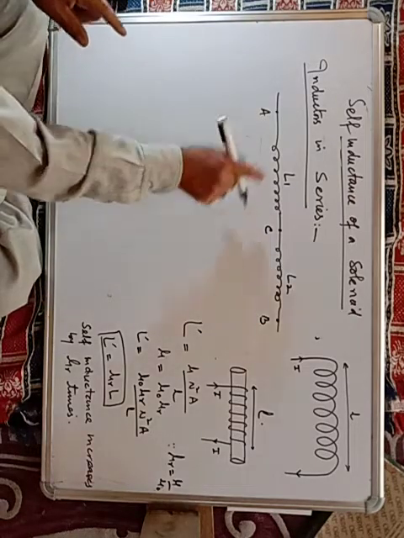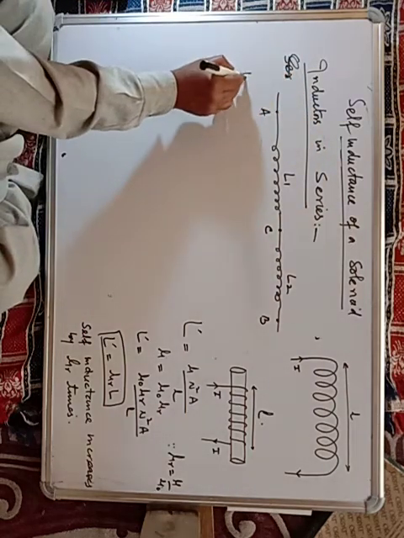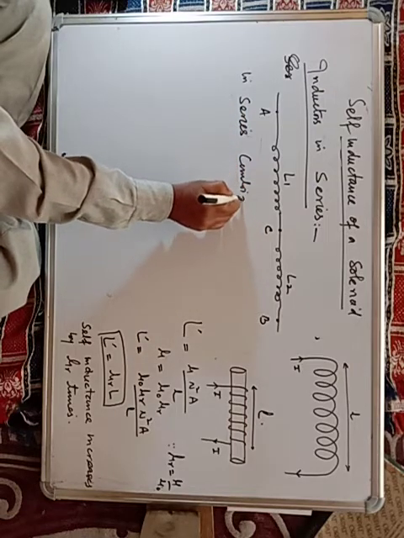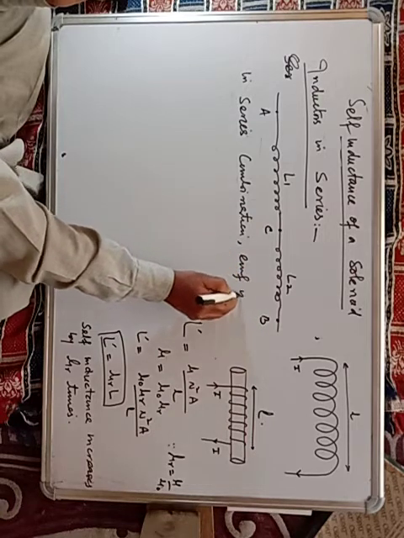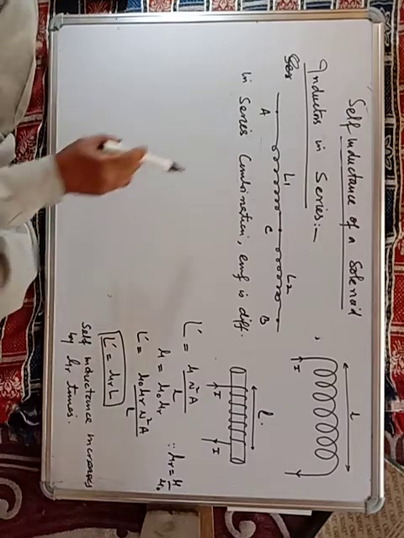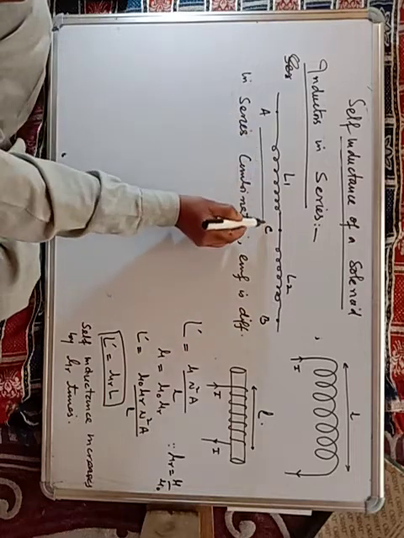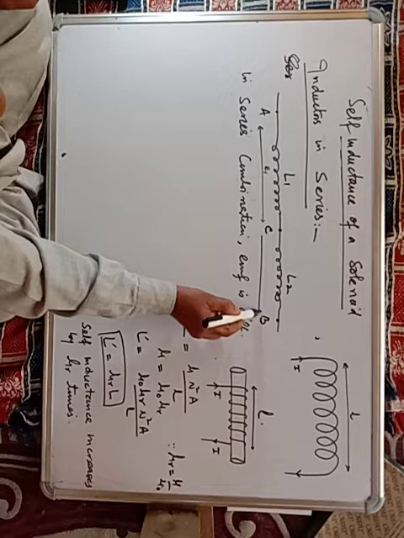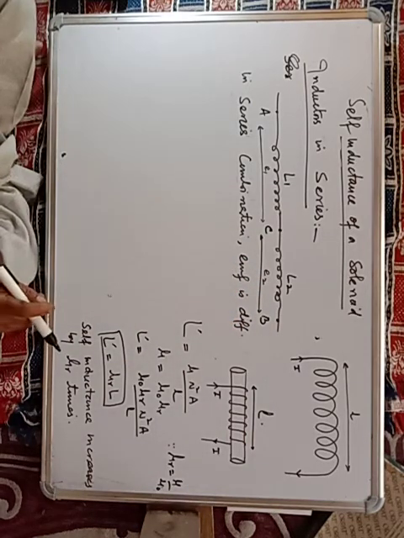So in series combination, EMF is different. Naturally, between A and C there will be one EMF, let it be E1, and between C and B there will be another EMF, let it be E2.